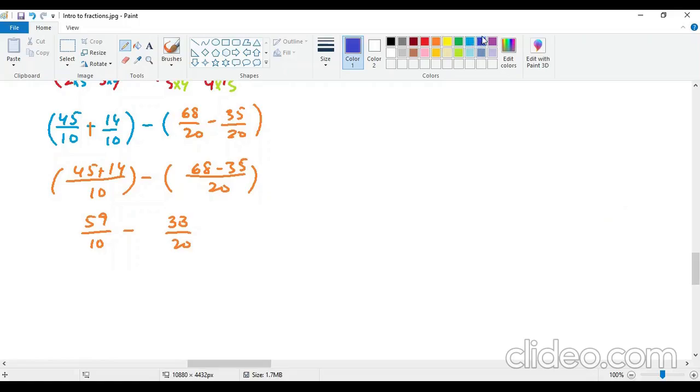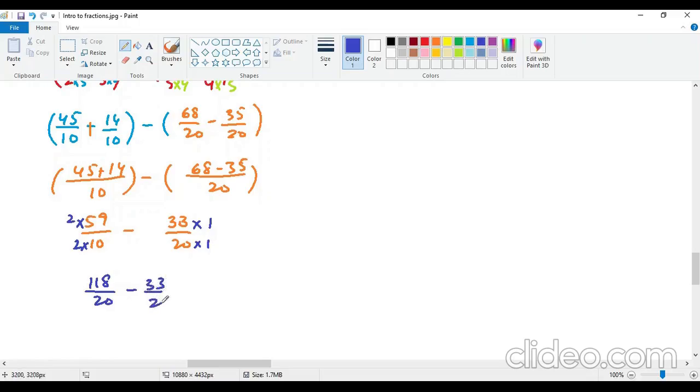10 times 2 is 20 and 20 times 1 is 20. So multiply by 1 and multiply by 2 to give us 118 over 20 minus 33 over 20.